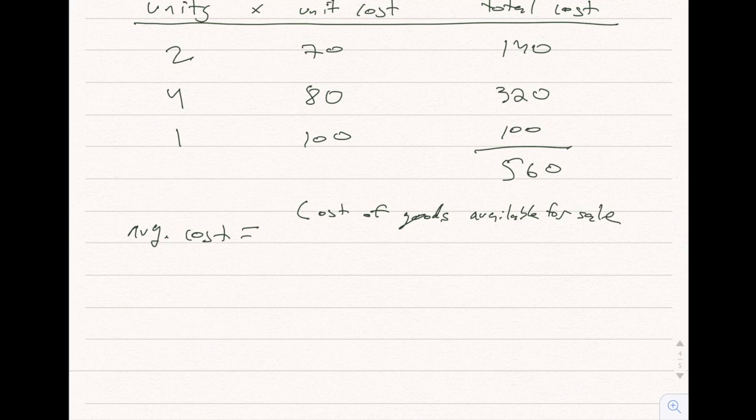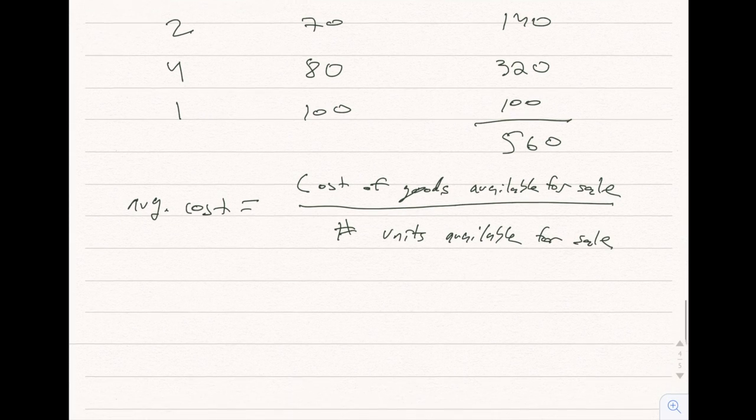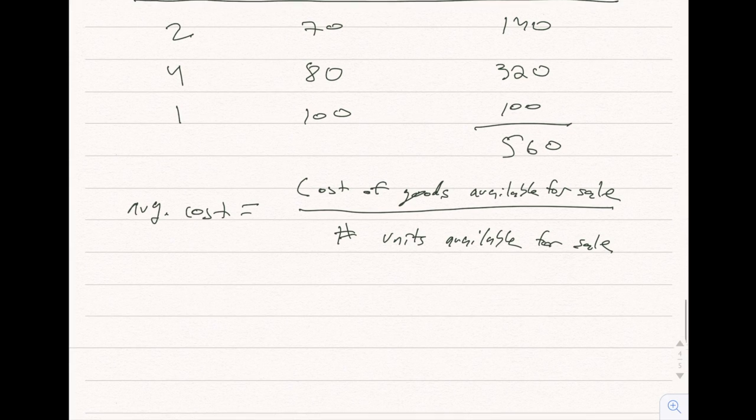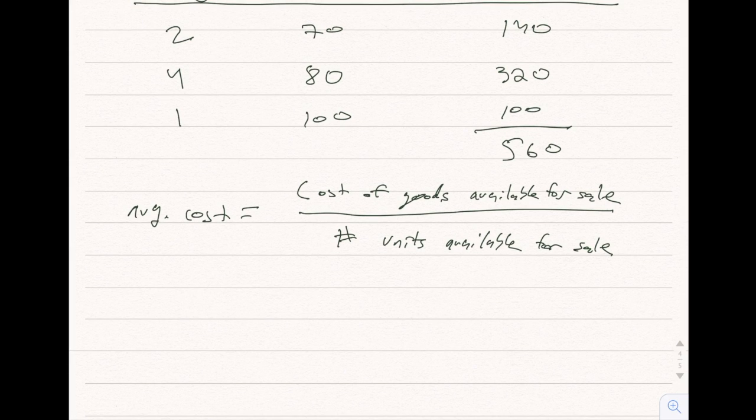That was that in-between figure we had after adding purchases to beginning inventory. Then you have the number of units available for sale. Okay, so cost of goods available for sale, that's going to be your total cost, if that wasn't clear.